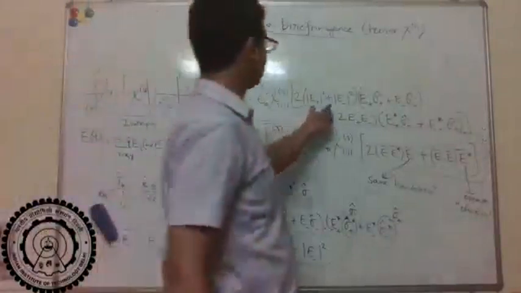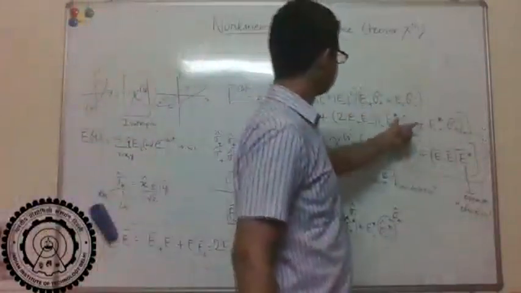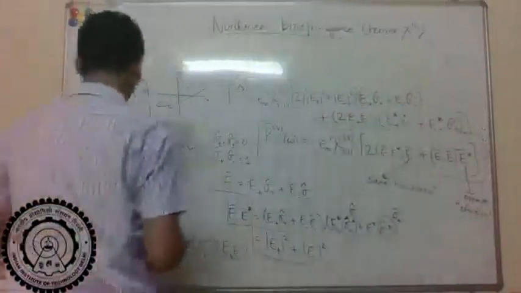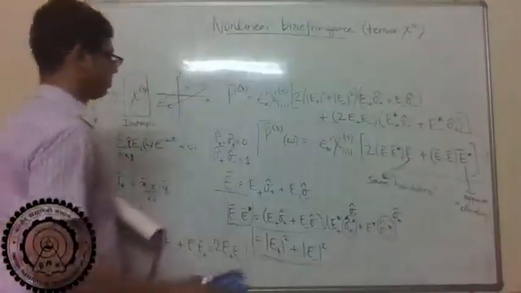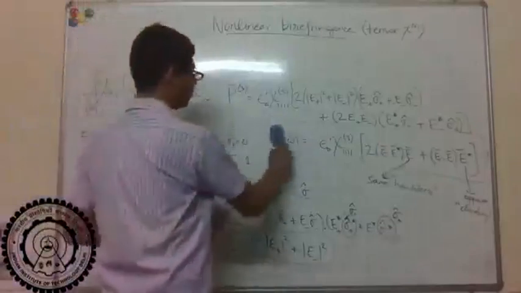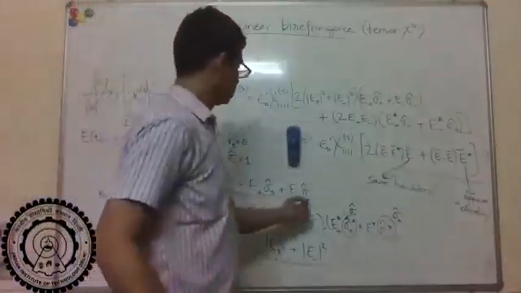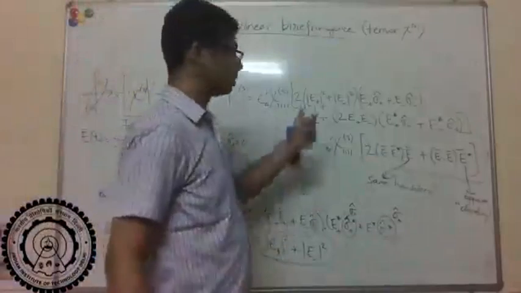And now we just collect the terms corresponding to sigma plus and sigma minus together. So basically, we want to see how each handedness responds, right?